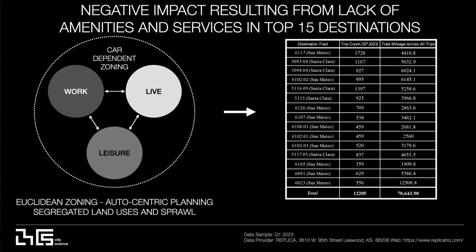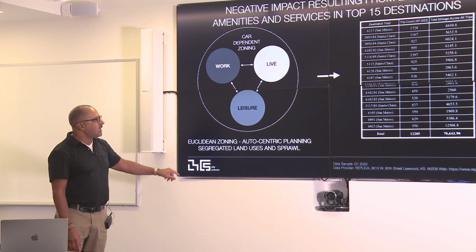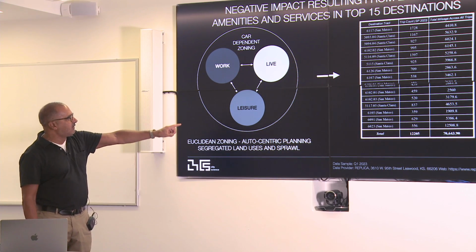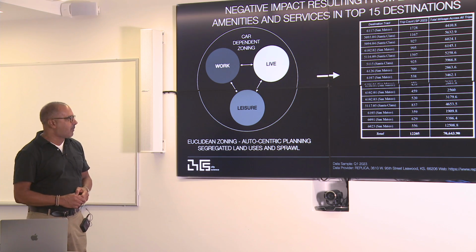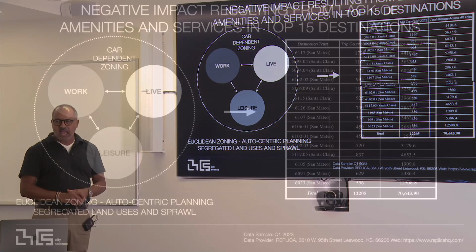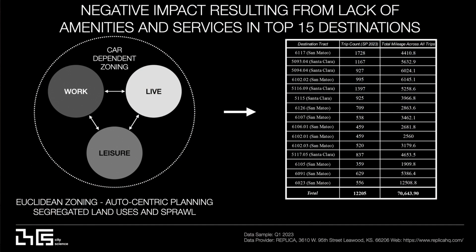Right now, what we started to do is look at, well, where are commuters going today? So what you see here is a list of all of the census block destinations, I think the top 15 census block destinations, and the cumulative miles incurred for non-work and non-school related trips from East Palo Alto to destinations.